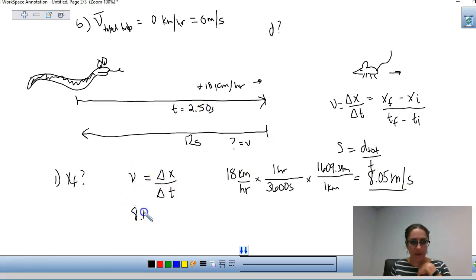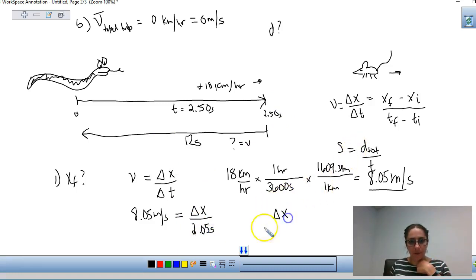So that's going to be this number right here. I'm looking for delta x, and my total change in time. Like I said, this is usually 0 because usually I start at 0 time, so 0 time for here, and then it's 2.5 seconds here. So I'm going to shortcut and just write this as 2.5 seconds. That was the duration of time.